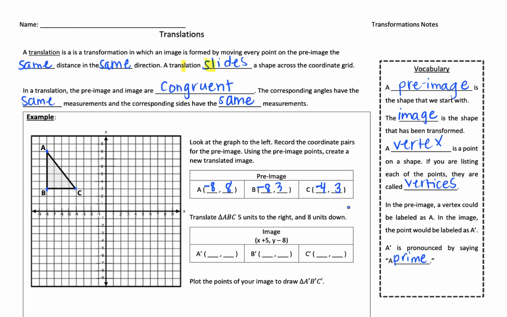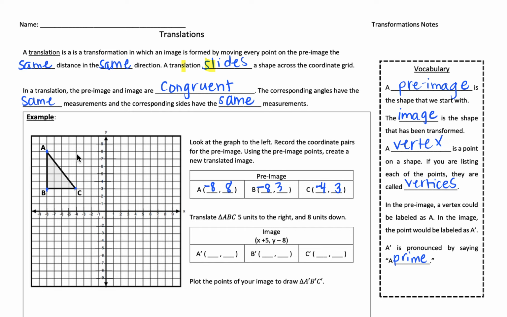We haven't done anything to it yet, but our directions now tell us to translate triangle ABC 5 units to the right and 8 units down. So what we're going to do is take each point, count 5 units to the right and then 8 units down, and that's where our new translated point is going to be. For point A, I'm going to start right here, and I'm going to count 1, 2, 3, 4, 5 blocks over.